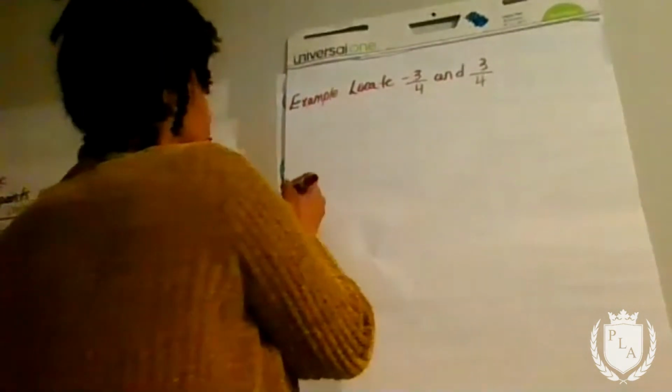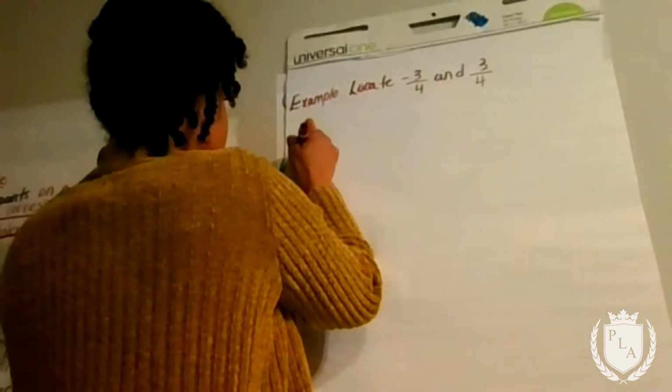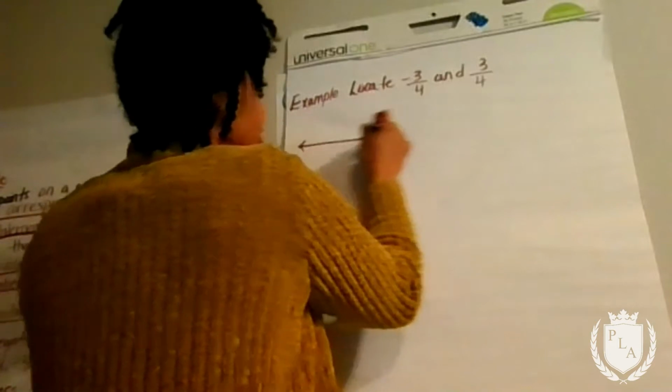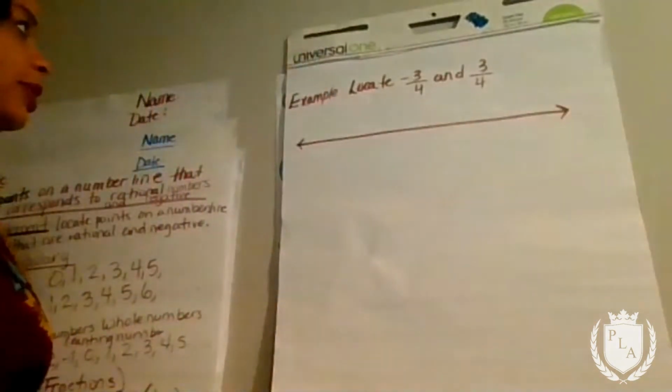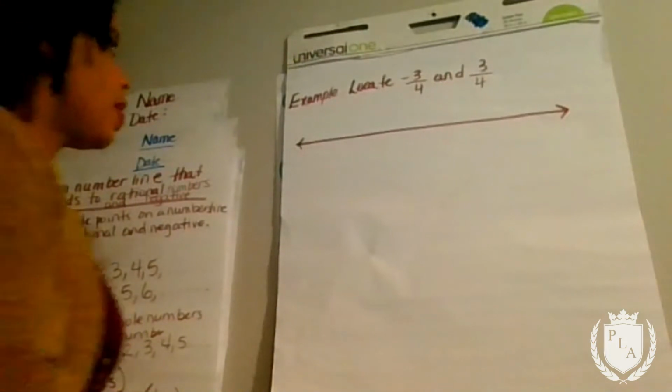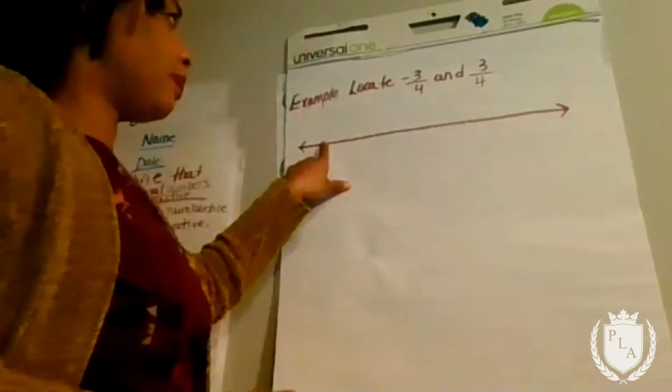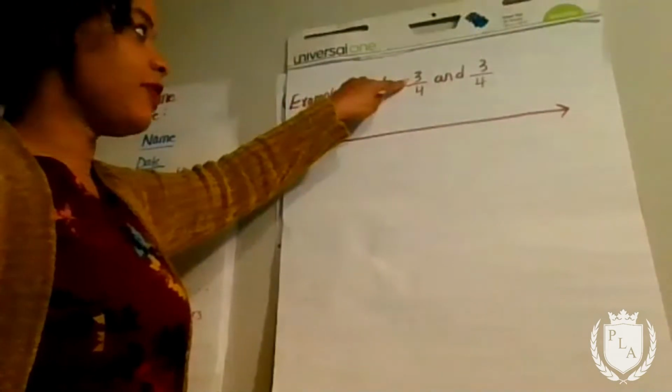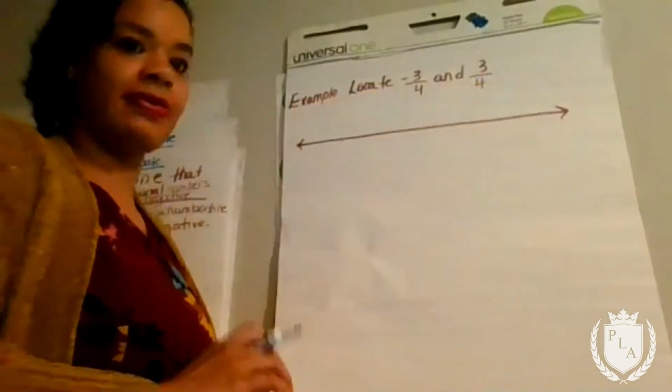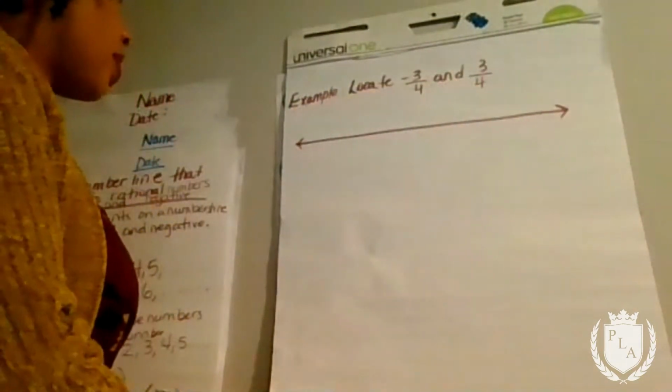So this is our number line. We're going to start off with a number line. We're looking for -3/4 and +3/4 on our number line.